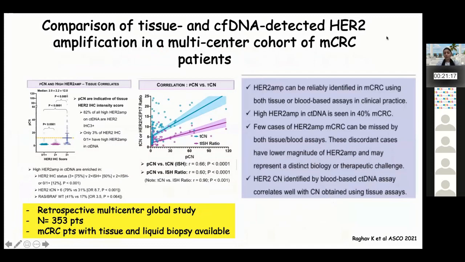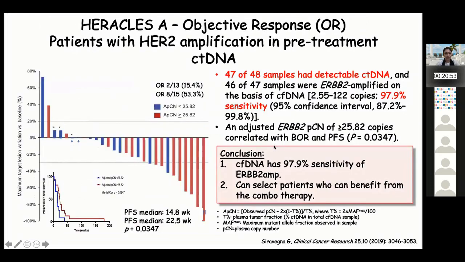And what the authors concluded was HER2 amplification could be reliably identified using both tissue as well as blood-based assays. But what for me was more interesting was that there were some patients that you would miss with tissue and that you would miss with liquid biopsy in terms of trying to determine that HER2 amplification. So making me think that perhaps we need to be doing both when one is negative versus the other.